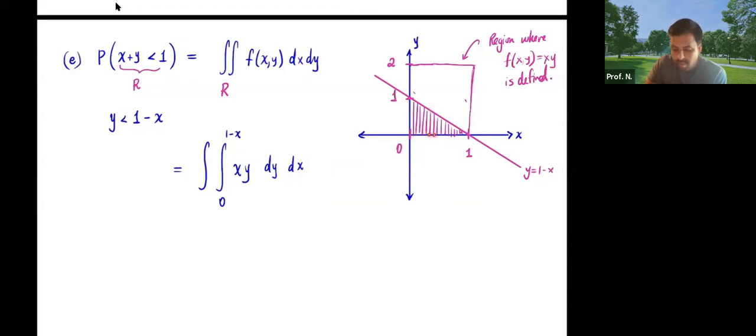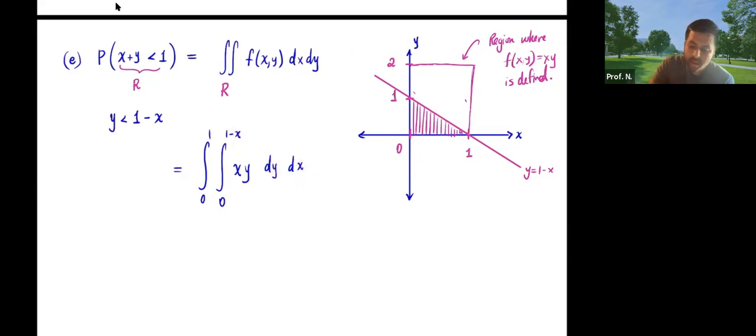As I move across the x, the y's range between 0 and whatever that 1 minus x would be. And as you progress with the x's, the range of the y's gets smaller and smaller because x gets bigger and bigger. So do you see why we have to do that? And you see how we can also do the same exact thing in the other perspective. Because the bounds 0, 1 are symmetric, it's going to be the same idea. It's just that this would be 1 minus y, this would be dx, and this would be dy. It's the same integral.